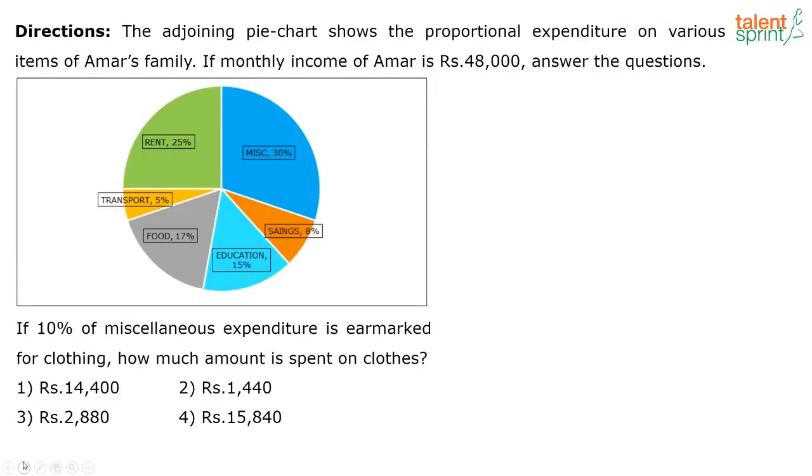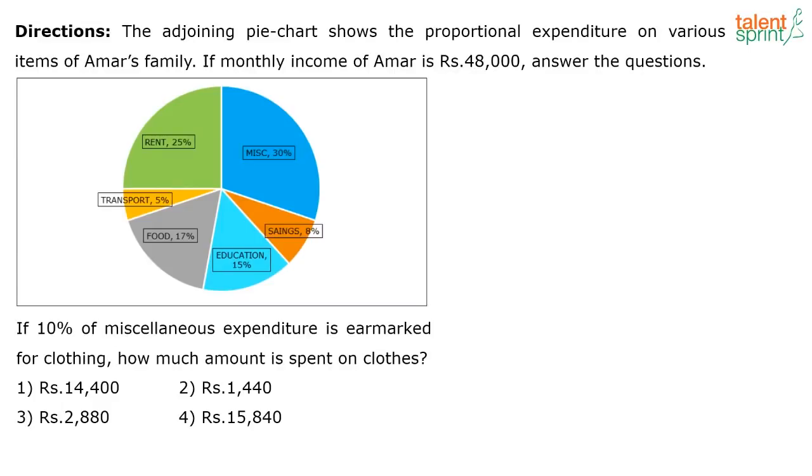Next one. If 10% of the miscellaneous expenditure is marked for clothing, how much amount does he spend on clothes? So how much is he actually spending on miscellaneous expenditure? See, 30% of his salary he is spending on miscellaneous expenditure. Out of this, 10% he is spending on clothes. So you have to find out how much he is spending on clothes.